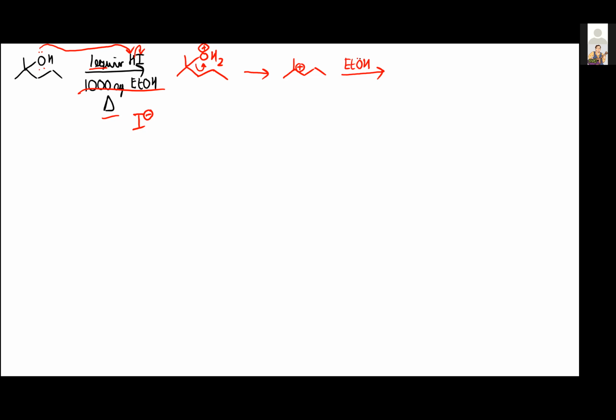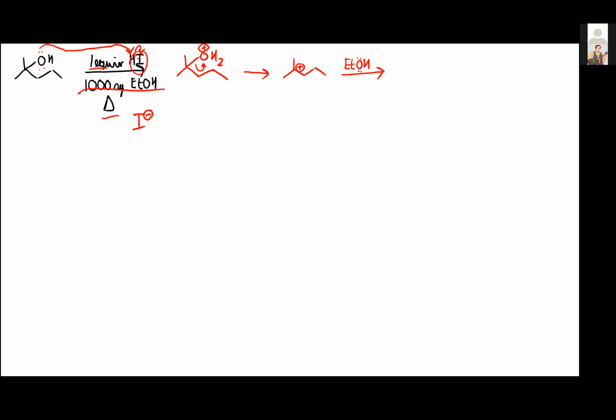So the important thing here is to think about the ratio. It's really easy to go, ooh, I've got iodine, run with the iodine. But you got iodine, but you got 1,000 ethanols.